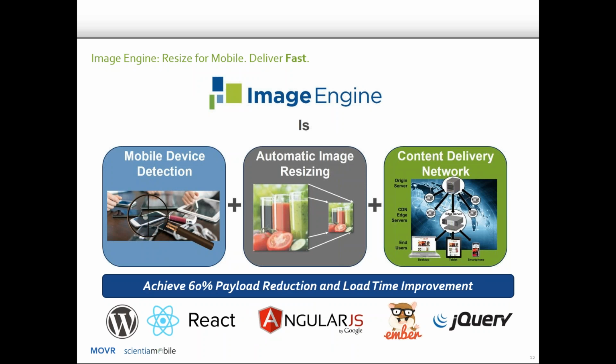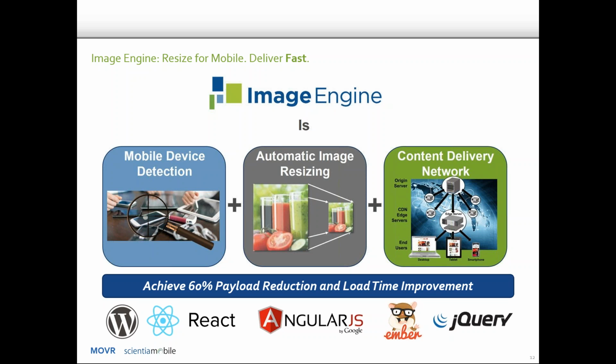And just to reiterate, Image Engine is a resizing service and content delivery network service that we provide, and it combines these three things: the mobile device detection, the automatic image resizing that will work off of the client hints, and a content delivery network.